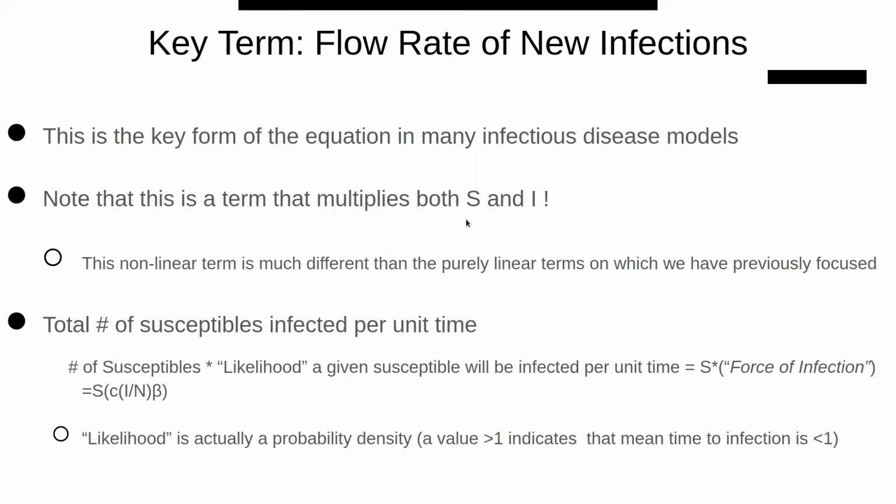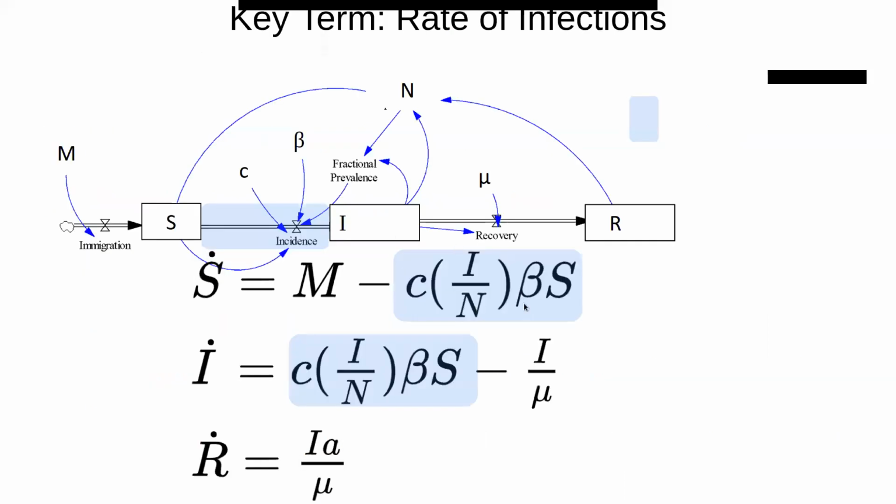We noted it's a term that multiplies S and I, and it's fruitful to approach it in one of two flexible ways. If we think about first order delays earlier, where we had a chance per unit time, alpha, of progressing times the value of the state variable, it's fruitful to think about this as some kind of probability per unit time times the value of a state variable.